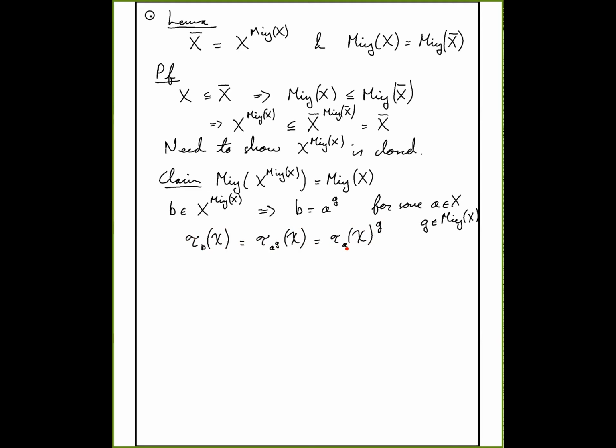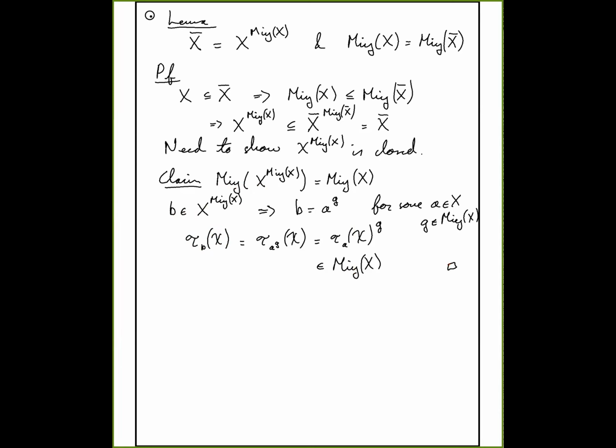Well, this is an element of the Miyamoto group, and it's conjugated by an element of the Miyamoto group. So this must be in the Miyamoto group. But this is my axis in here, and I was considering this Miyamoto group, so this is an element of here, and I've just shown it must be contained in there.